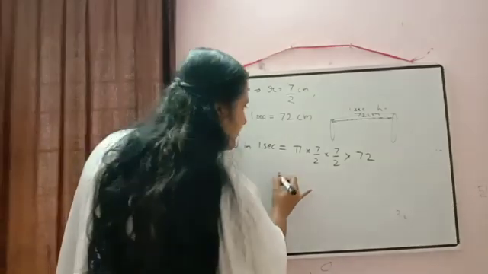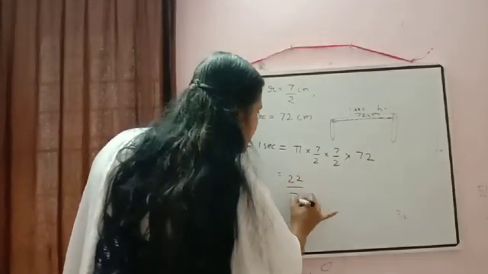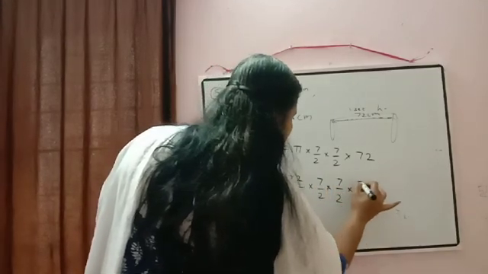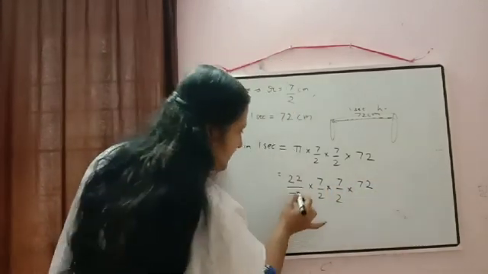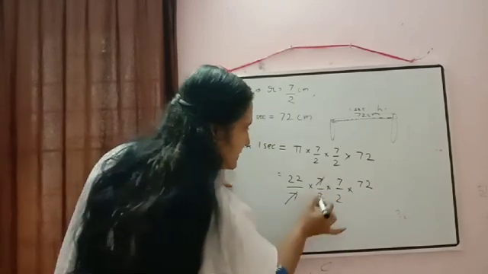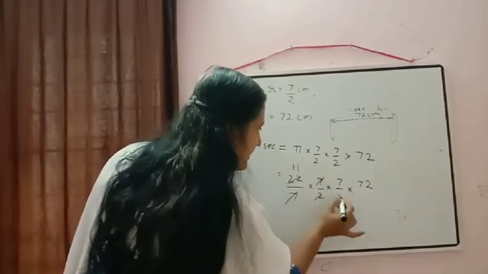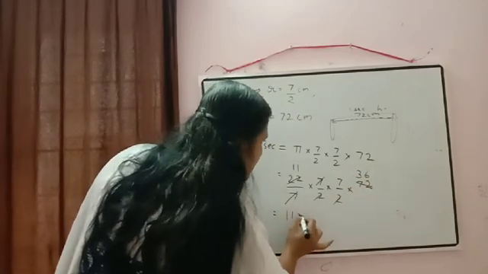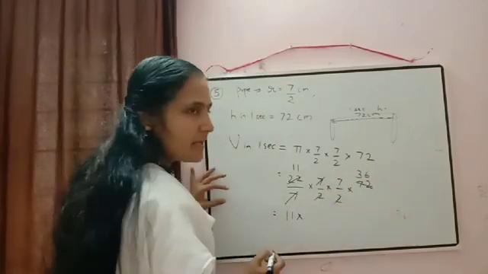Now just to check here, we can substitute 22 by 7 into 7 by 2 into 7 by 2 into 72. Here 7 and 7 will get cancelled. Here it will be equal to 11, and here we can cancel 2 3s are. Now it will be equal to 11 into 36 into 7 we can do.